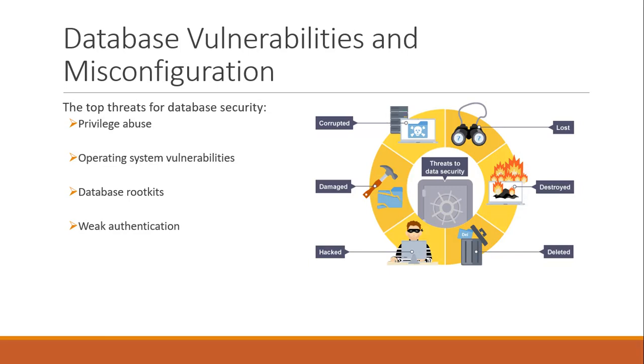Weak authentication happens when the database has low security, because it allows attackers to employ strategies like social engineering, and it can also log in to assume the identity of legitimate database users.